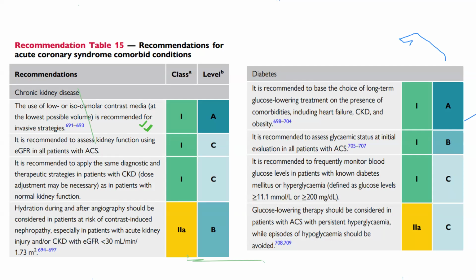It is recommended to frequently monitor blood glucose levels in patients with known diabetes mellitus or hyperglycemia. Then glucose-lowering therapy should be considered in patients with ACS with persistent hyperglycemia, while episodes of hypoglycemia should be avoided. So this was mentioned as part of the ones that were revised compared to the earlier guideline, which specified greater than 10.